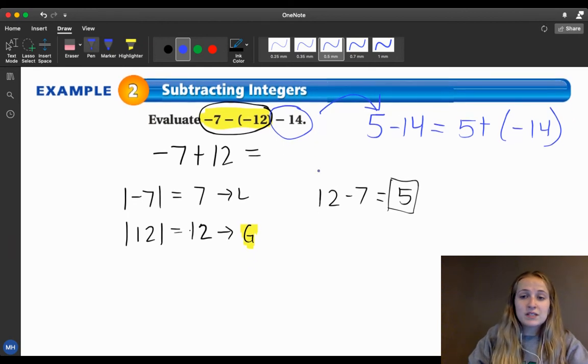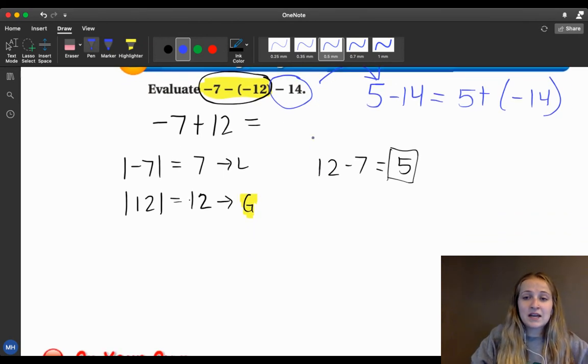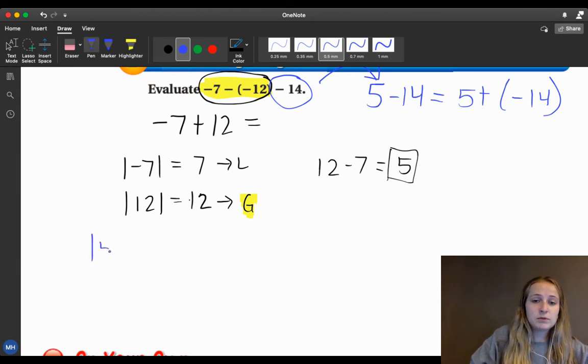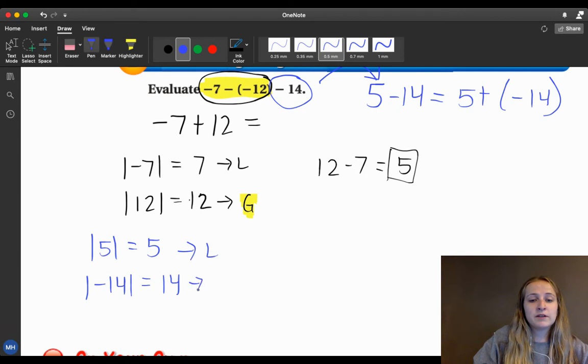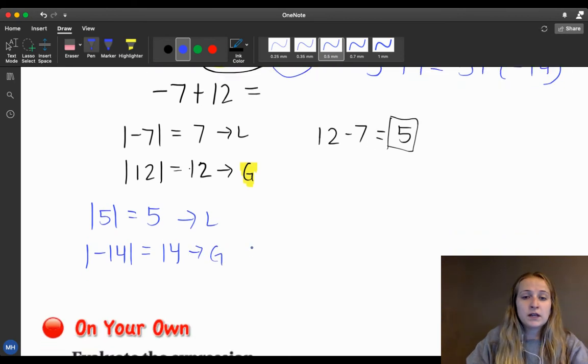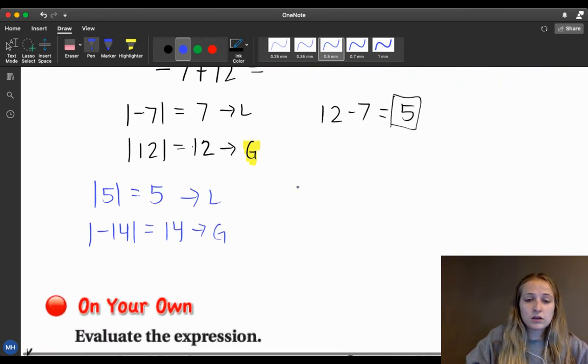Again, we're going to do the same steps that we did. I'm going to show my work right here in the left-hand corner. Take the absolute value of both numbers, that equals 5. Take the absolute value of negative 14, that equals 14. This is the lesser absolute value. This is the greater absolute value. And we're going to do 14 minus 5. That is going to give me 9.